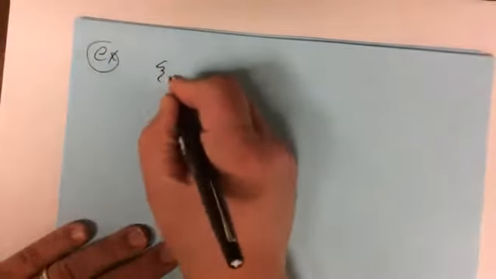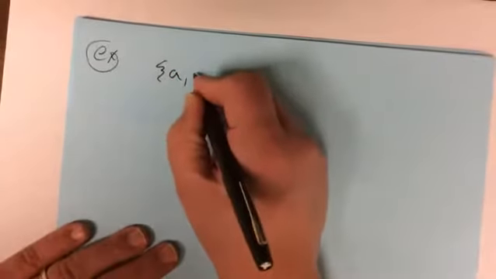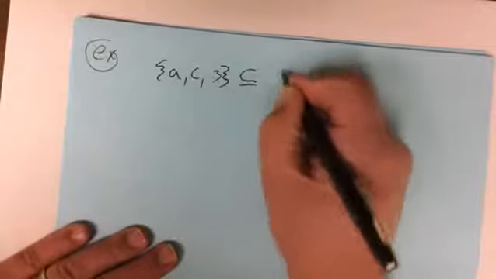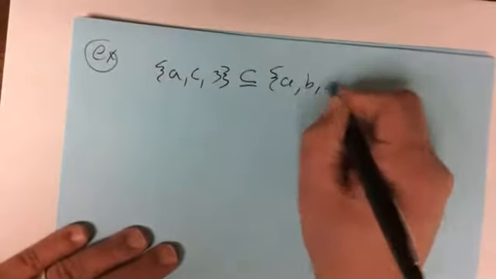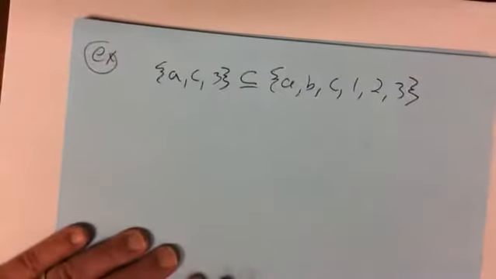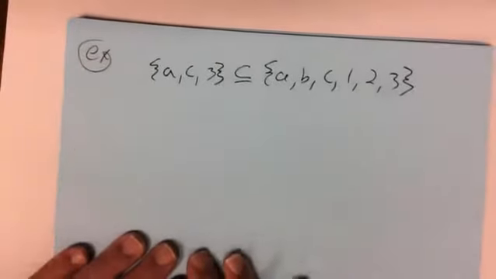So let's actually, using this definition, try a few examples. Are these true or false? If I said something like A, C, 3 is a subset of A, B, C, 1, 2, 3. What do you think?